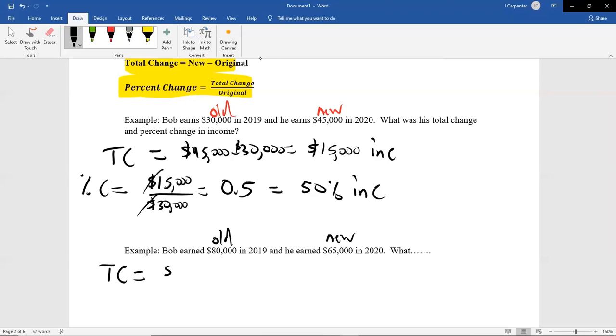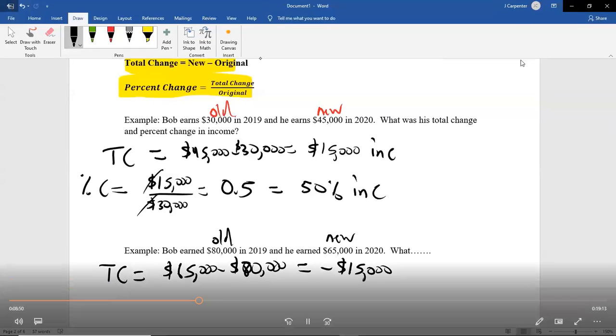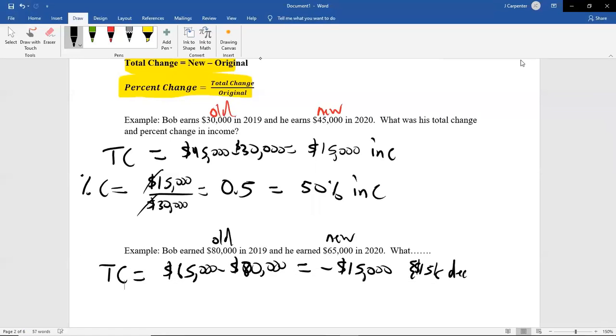So new minus old is 65K minus 80K. In your own math, you could literally write 65K minus 80K, and you get negative 15K, which is the same as negative $15,000. So that would be a $15,000 decrease.